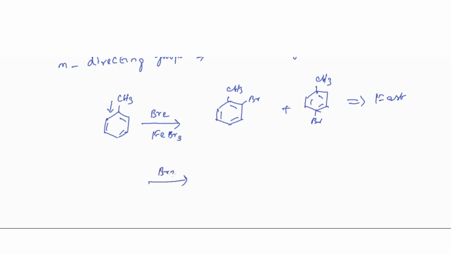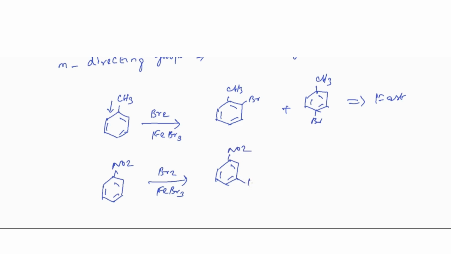Now the same bromination, if you take this nitro substituent, which is a meta directing group, and you do this reaction, we will get the meta product, but the rate of reaction will be slow.